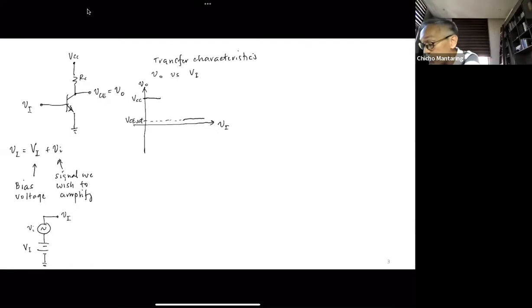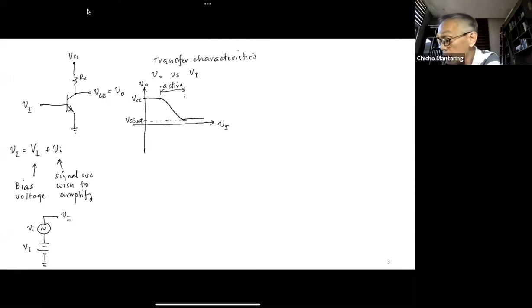Now in between, we are going to be operating in active mode. So my curve will look something like this. Here I am in cutoff, here I am in saturation, but between here and here, this is active mode.